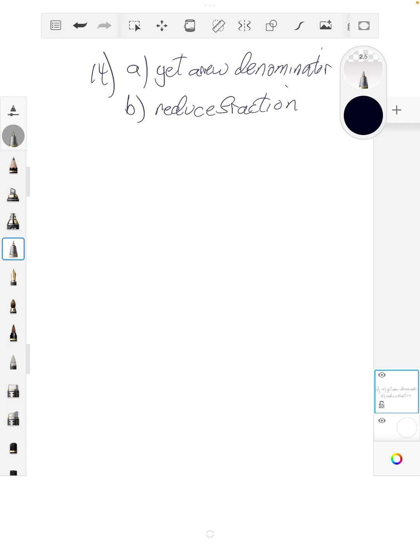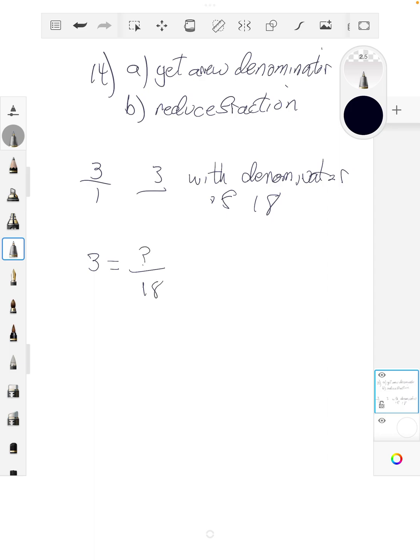So, for example, let's do some practice. 3. Well, that's 3 over 1. Okay, so what if I said, make 3 with a denominator of 18. So 3 is equal to how many 18ths? So here's how you can do this.